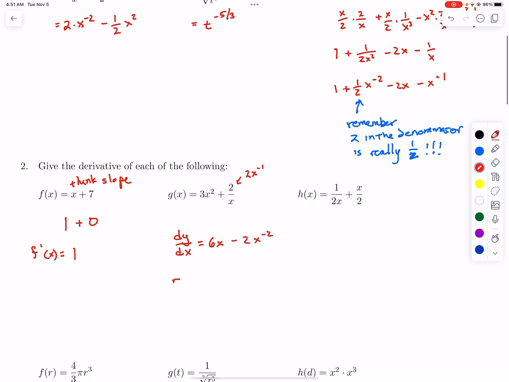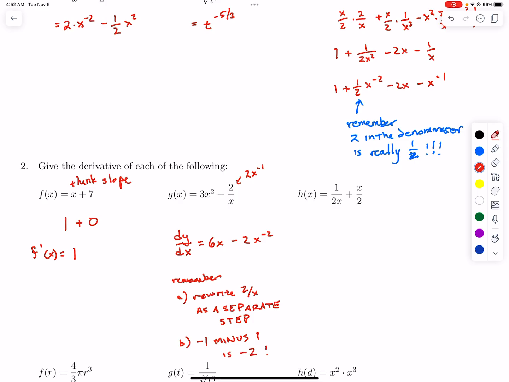So remember, when you subtract 1 from a negative, it gets more negative.